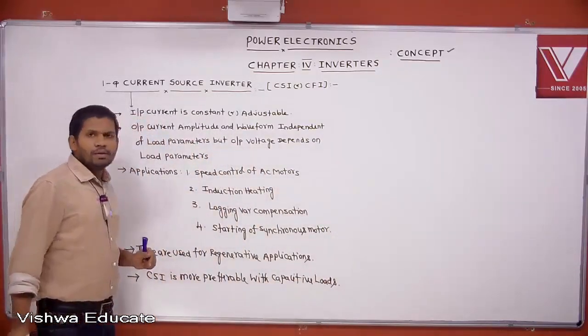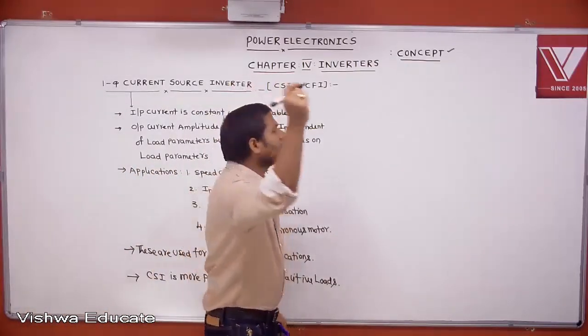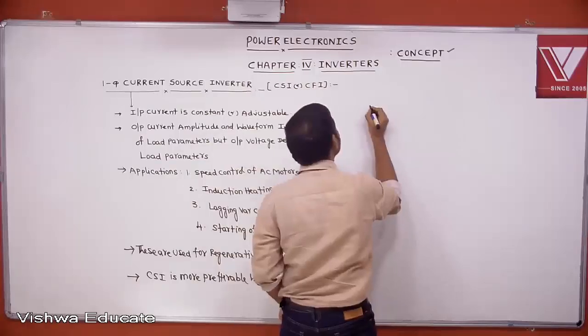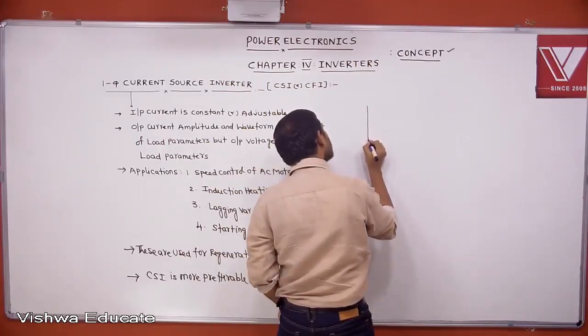Then we will see what circuit we are using for the single phase current source inverter. This is the circuit we are using. Practically we don't have any current sources.